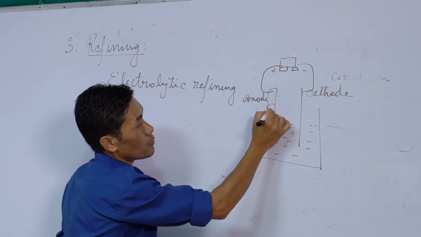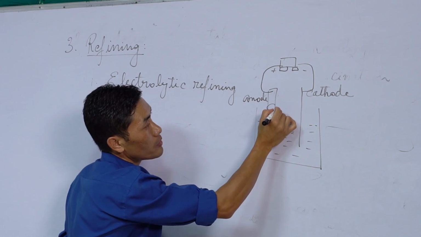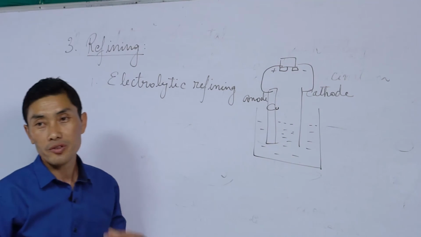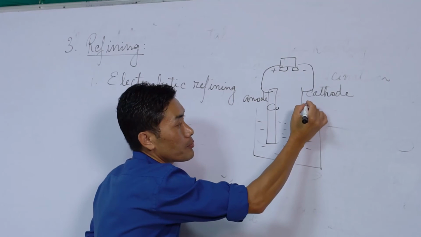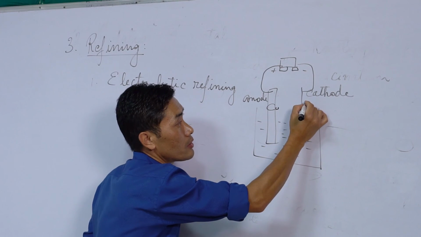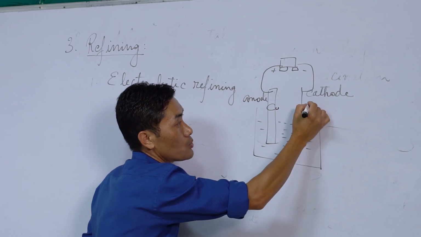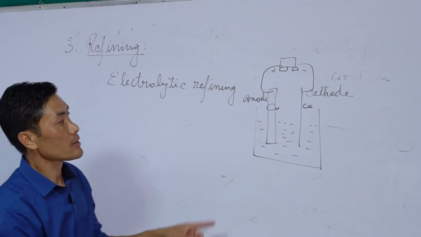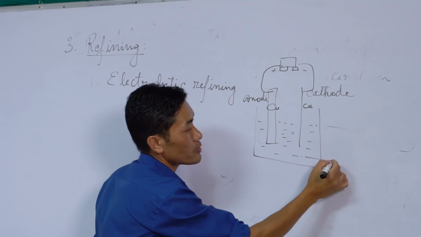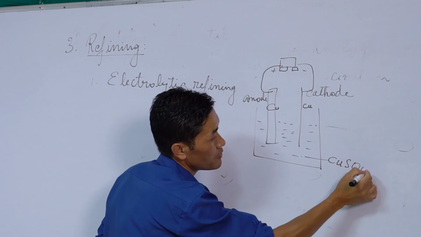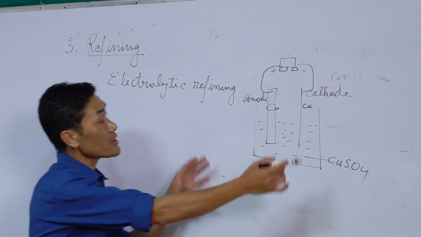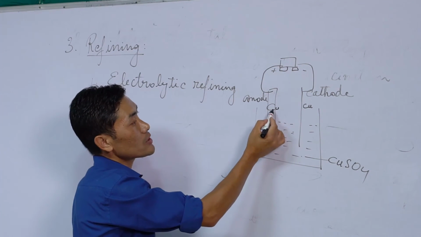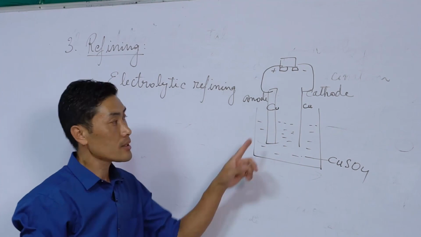So suppose we have impure copper, which we want to purify. We use a very thin piece of copper as the cathode again, and we use a salt solution of copper, such as copper sulfate, making up the electrolyte. On passing current, copper gets oxidized at the anode.